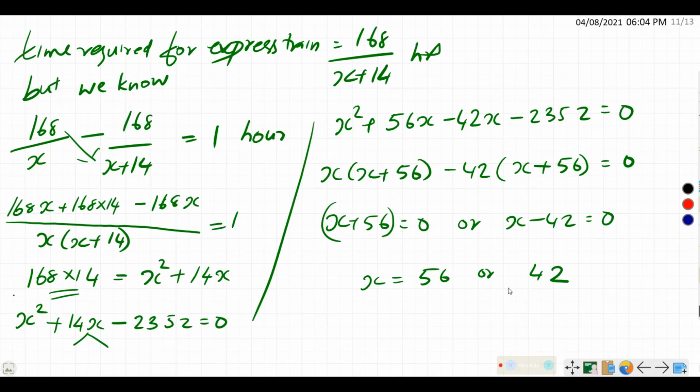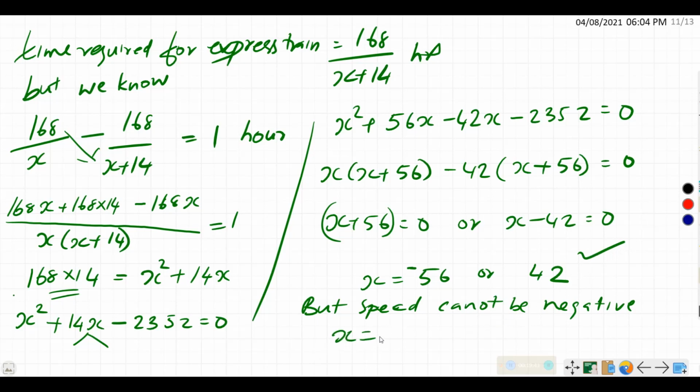So minus 56 नहीं हो सकते because it is negative, speed cannot be negative. So the answer is 42. We got the speed of the passenger train. बस हो गया काम. So we'll write here, but it cannot be negative, so we take our answer as 42. Right? ये लिखना ज़रूरी है. So x is equal to 42 in this case.